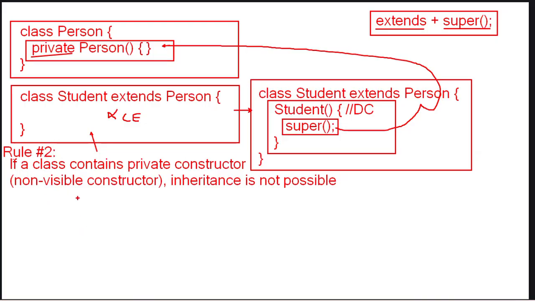You must call an available constructor. If the constructor is private, you cannot call it, so inheritance is not possible. So just the extends keyword doesn't develop inheritance.